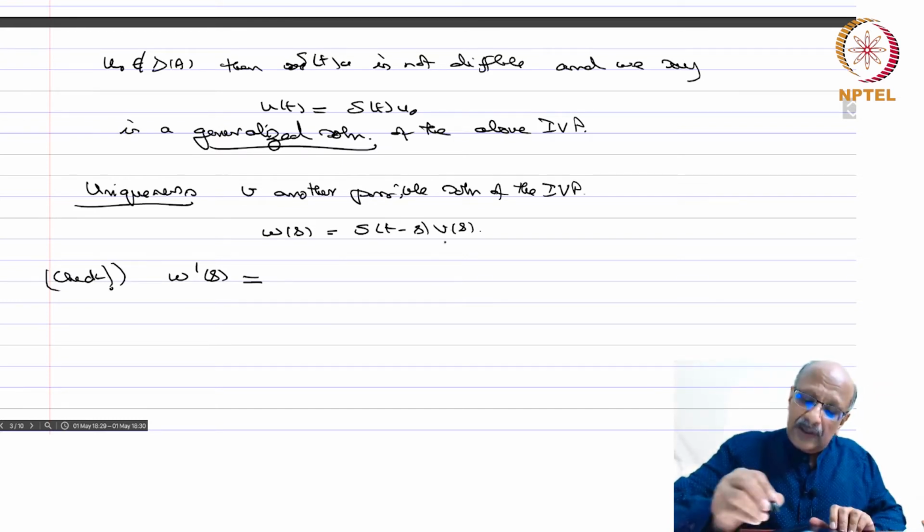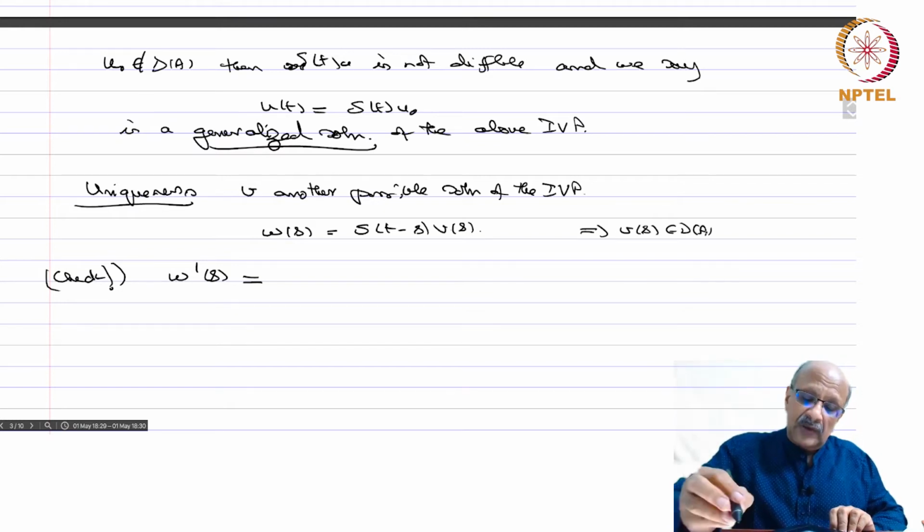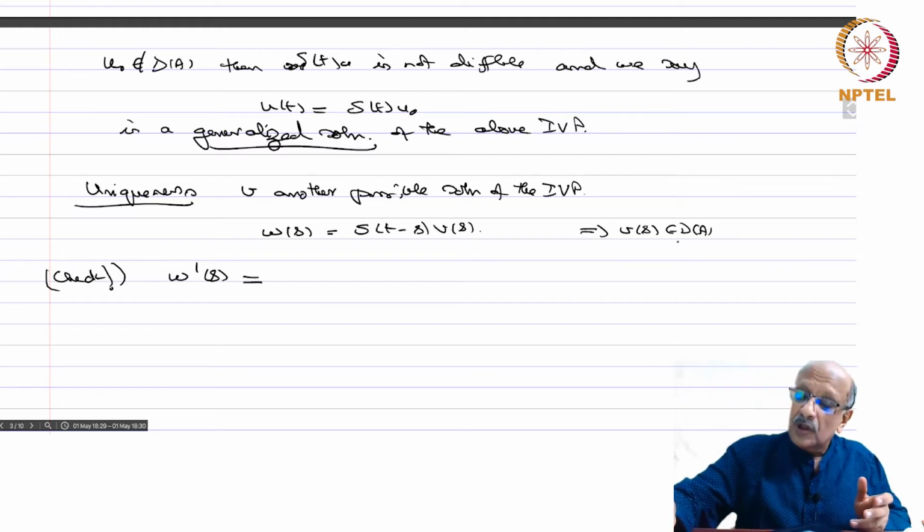So, we apply the product rule. This implies that v(s) is in D(A), because otherwise it can't be a solution for the initial value problem, because du/dt = Au.